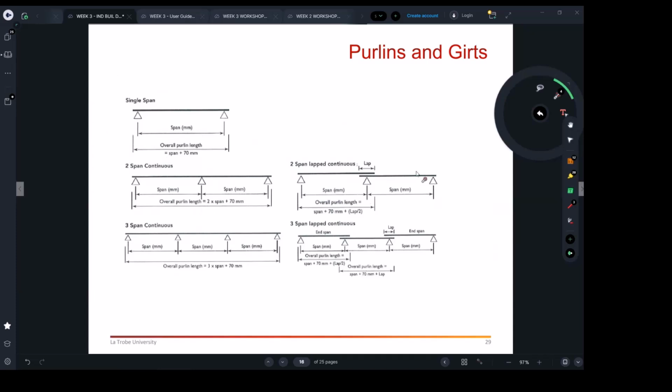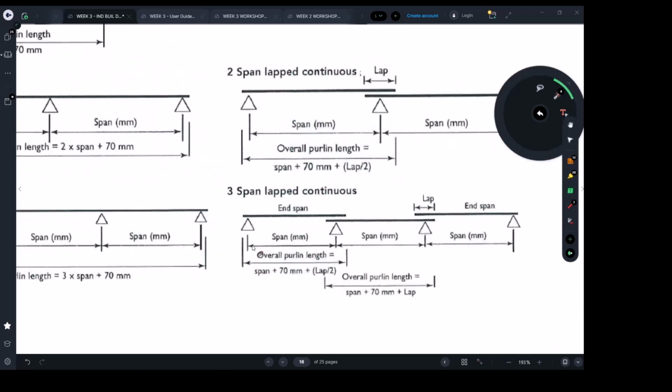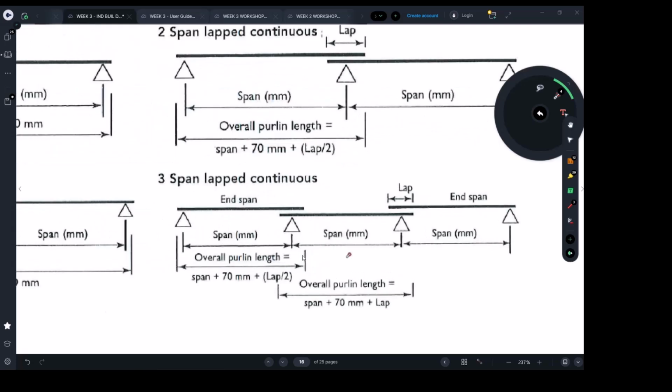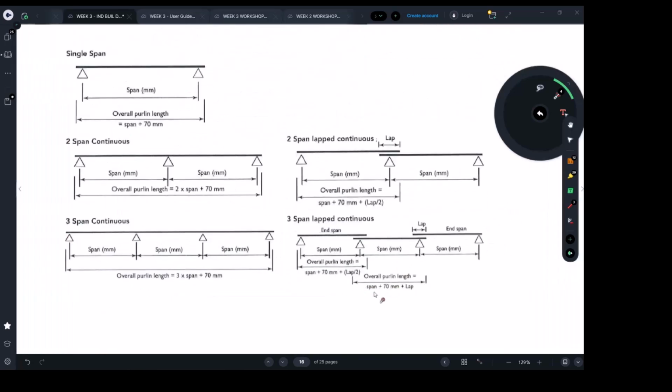Let's say this is what you need, how you construct. You can't get very long trucks. You have to have small pieces, and you have to lap them. In the question, I may not even tell you, I may just give you this image and tell you to decide.